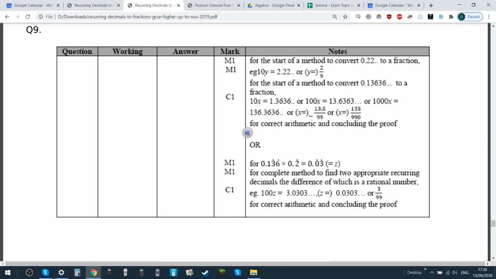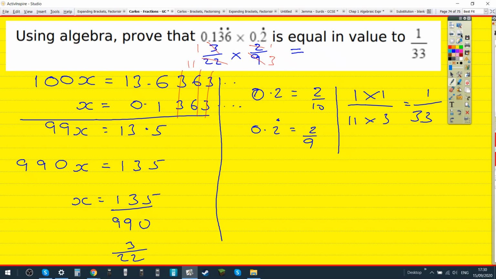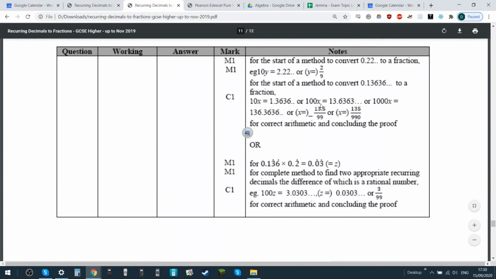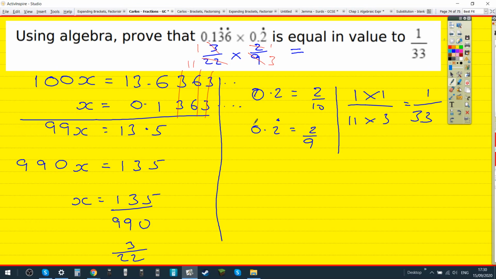Method mark for, let's see. Yeah. All right, great. Any questions about that? Nope, no question. It's a 3-mark question.